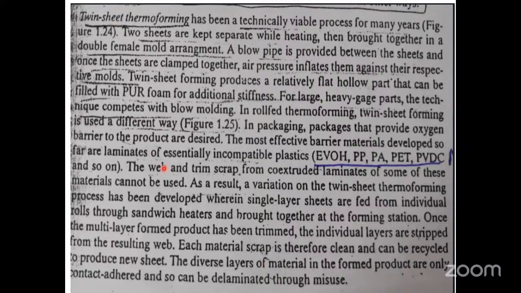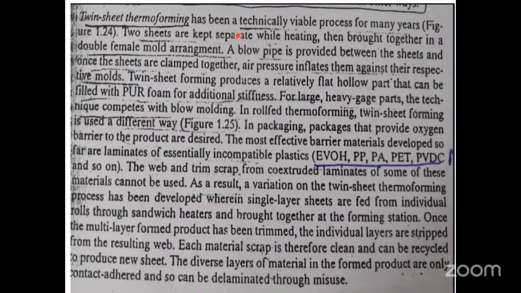But also, we have seen that many potato chips pouches you are getting from the market are nothing but made by the twin sheet forming method, friend. They are manufacturing by twin sheet thermoforming. All potato chips, all groundnuts, and many things, right?